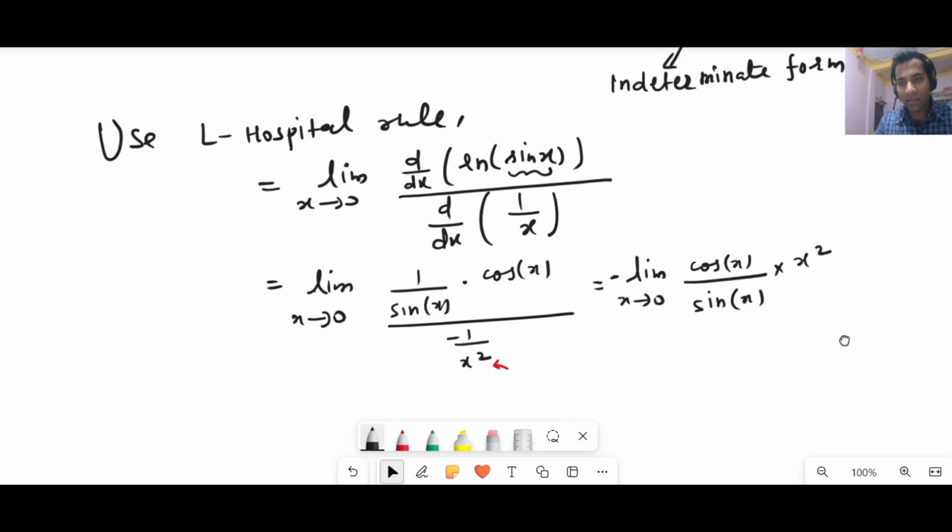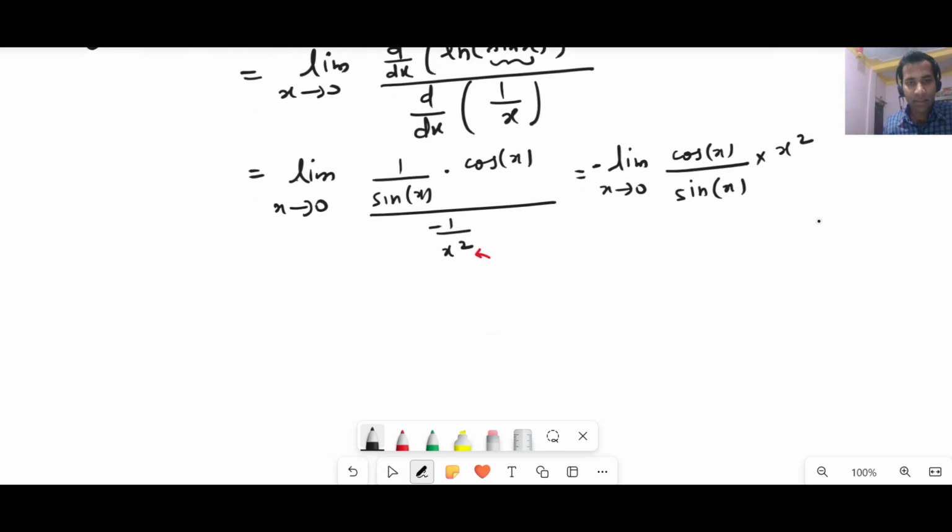Further, we can write that as minus of limit x tending to 0 of cos x multiplied by x, and one of the x we can write here with sin x.